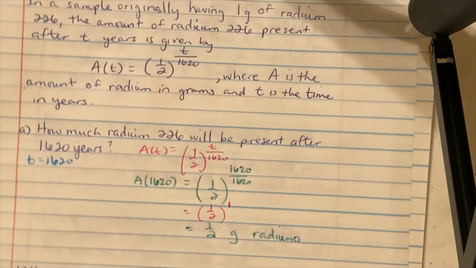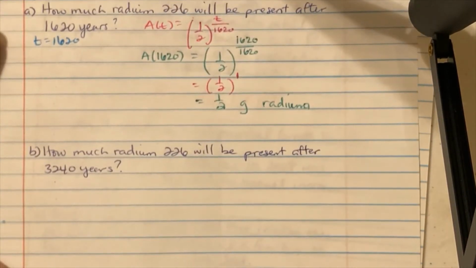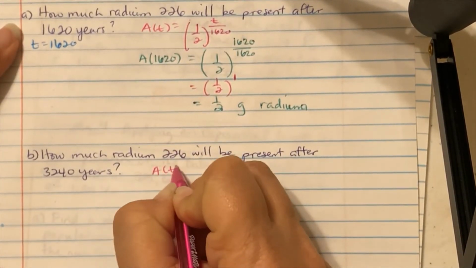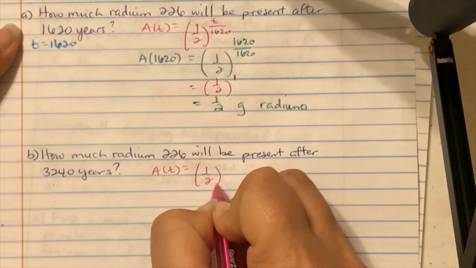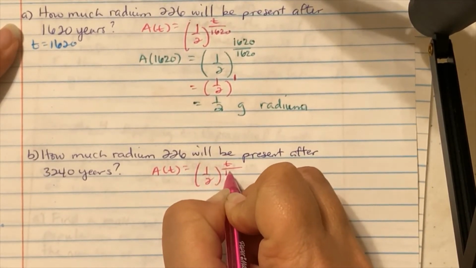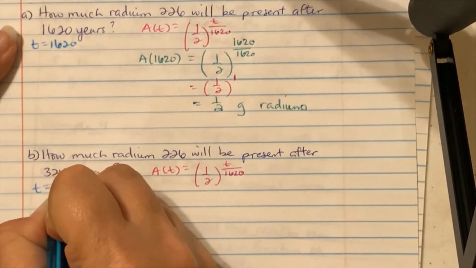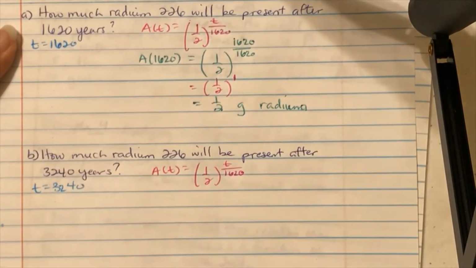So now we're going to find, B says they want us to find how much radium-226 will be present after 3,240 years. So again, our equation, A of t is 1/2 to the t divided by 1,620. And we're replacing the t with now the new value. The t value for this time is going to be 3240 is what we're replacing it with.